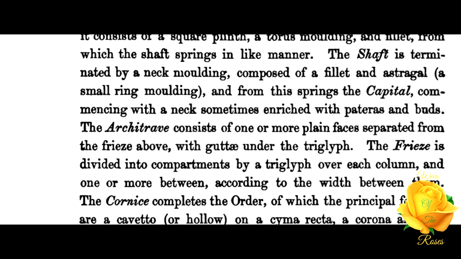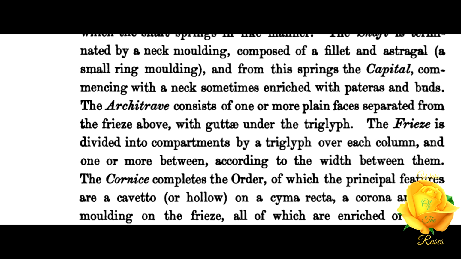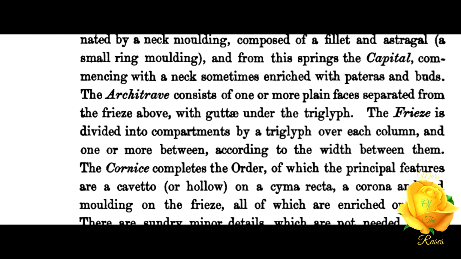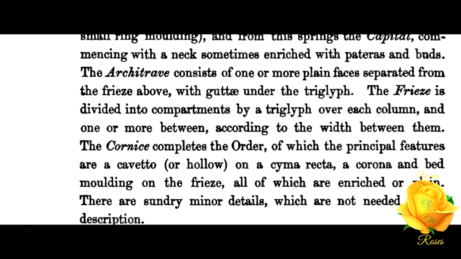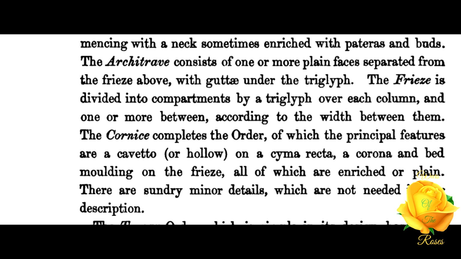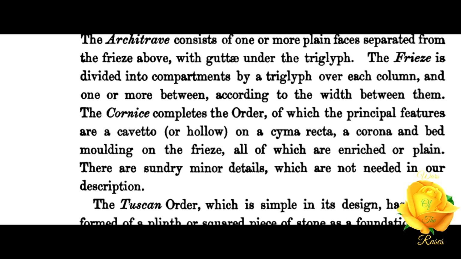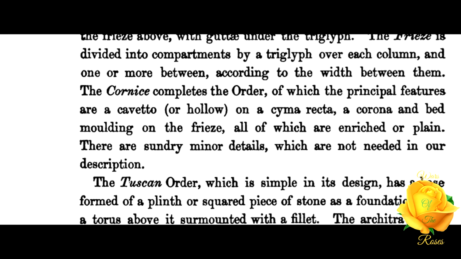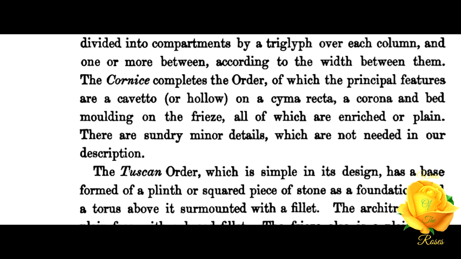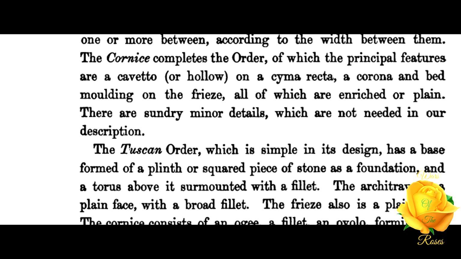The architrave consists of one or more plain faces separated from the frieze above, with gutta under the triglyph. The frieze is divided into compartments by a triglyph over each column and one or more between, according to the width between them. The cornice completes the order, of which the principal features are a cavetto or hollow, on a chyma recta, a corona and bed moulding on the frieze, all of which are enriched or plain. There are sundry minor details which are not needed in our description.